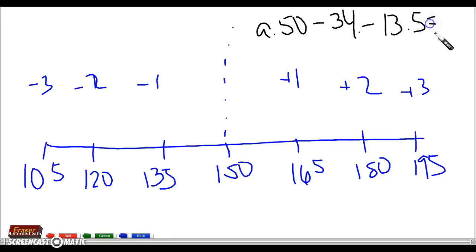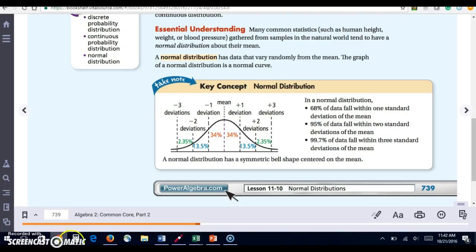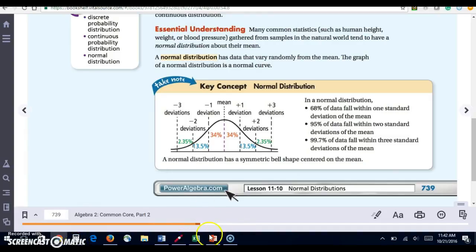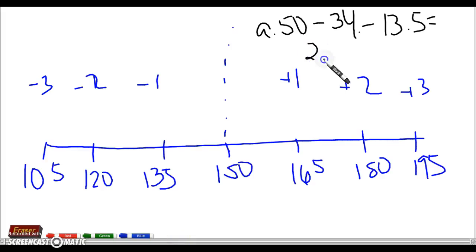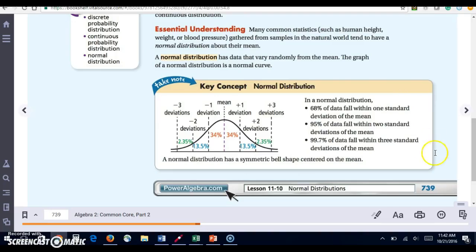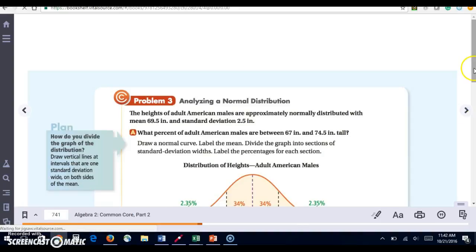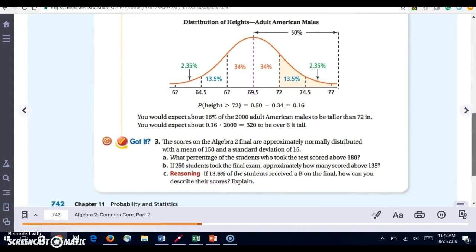So let's see what we get. 50 minus 34 minus 13.5 is 2.5%. Go back to the question, see what we were answering. 2.5% of students scored above 180.